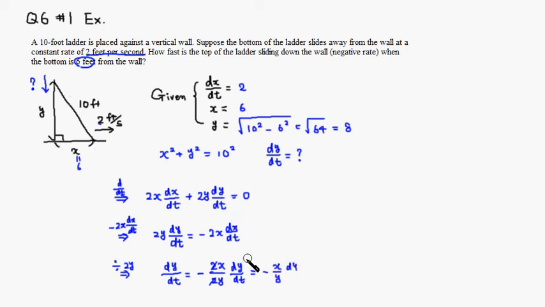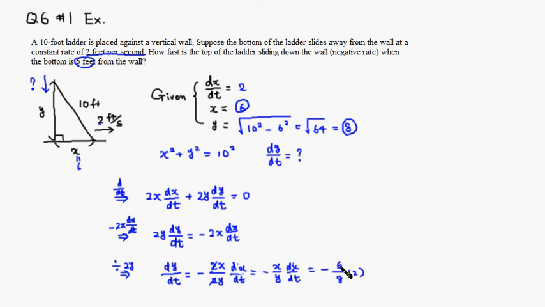So we get negative x over y times dx over dt. Oops, sorry, I miswrote; this is dx over dt. Then we just need to plug in what we already know. So it's a negative sign here. x is 6, y is 8, and dx over dt is 2.